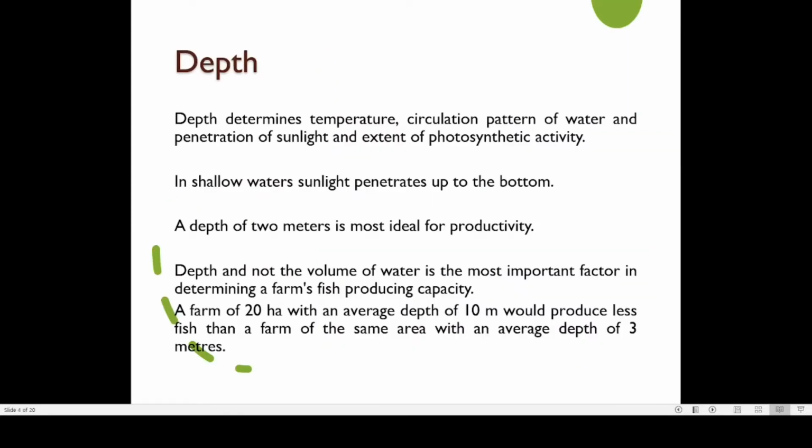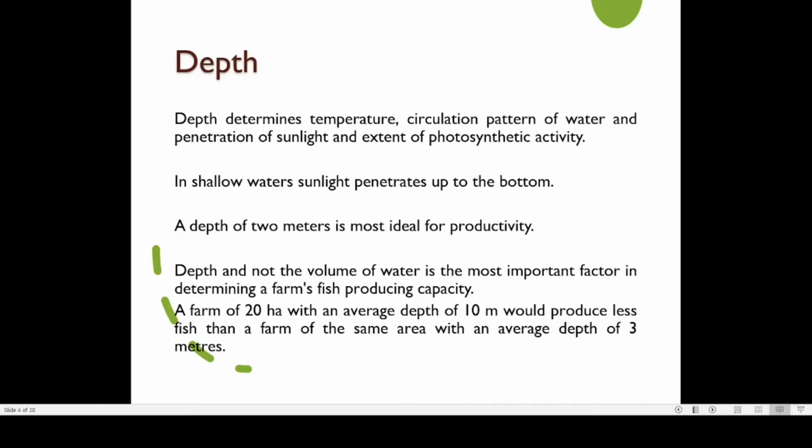So the first one is depth. The importance of depth is that depth determines the temperature of the water. If a pond is of higher depth, the water at the lower level will be cooler. Whereas if the pond is very shallow, maybe only 30 centimeters or 1 meter in depth, that water may be of higher temperature.